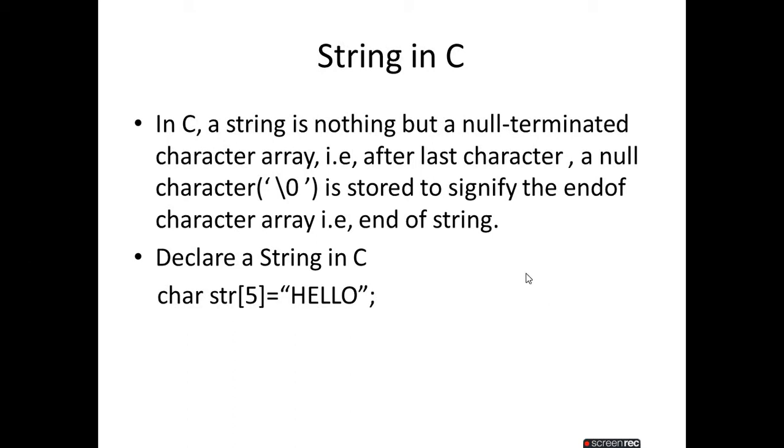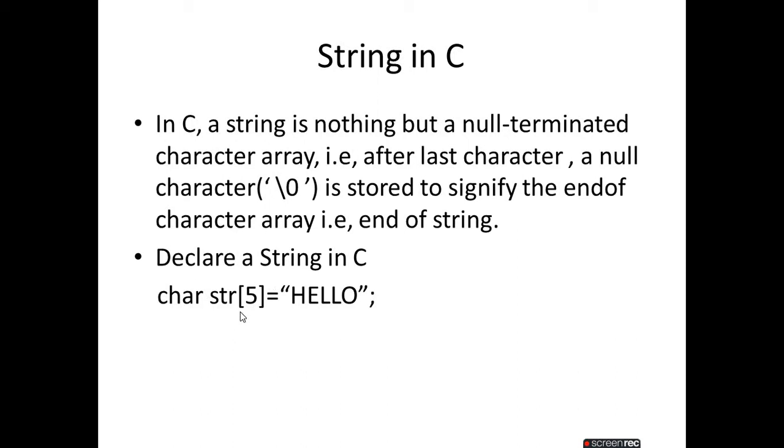Now, for example, to declare a string in C language, first is the data type char. Obviously, because we are taking a character array, our data type is char. Then the array name. Here we are discussing the string, so we take the character array name as str.